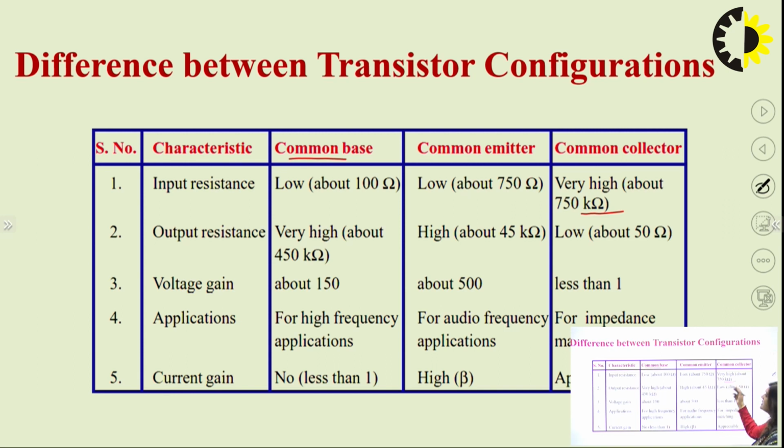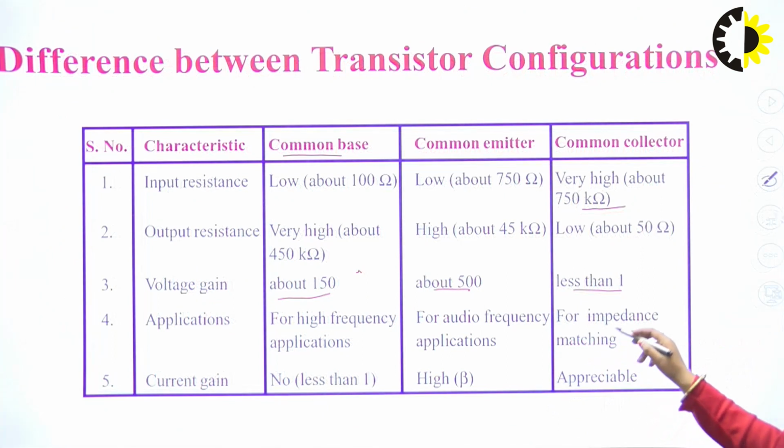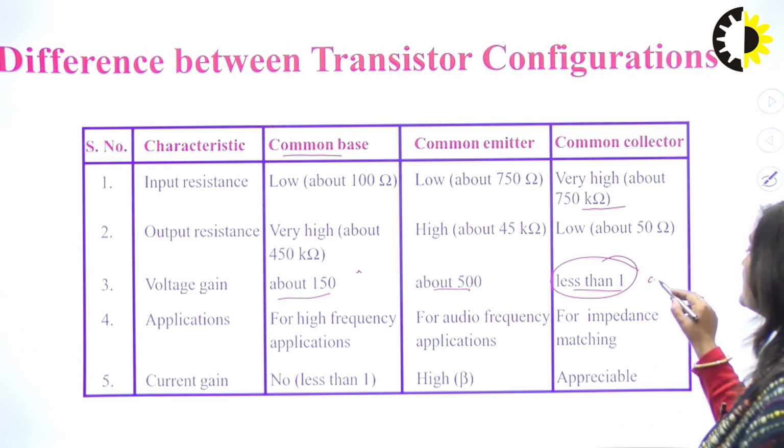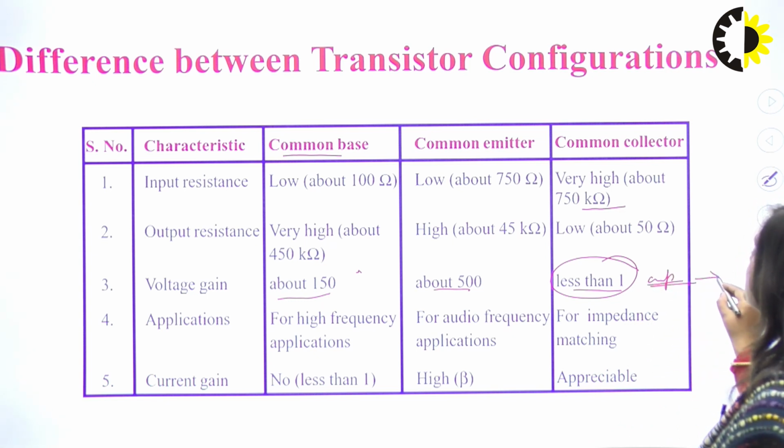With regard to output resistance, in common base output resistance is very high, about 450 kilo ohm, but in common emitter it is 45 kilo ohm, and in common collector it is about 50 ohm. And voltage gain in this case is 150, and here 500, and here it is less than 1. So common collector is basically not preferred for amplification, it is only used for impedance matching.